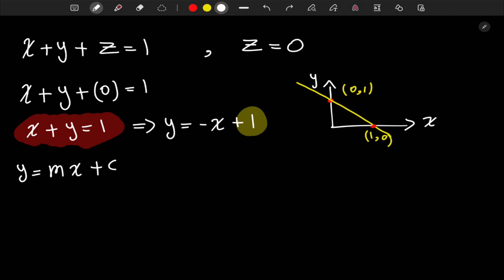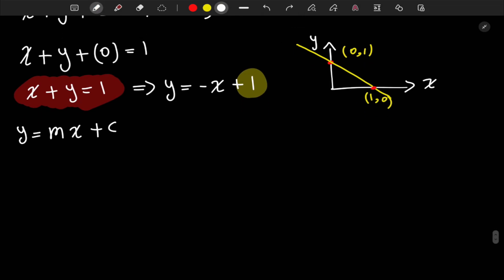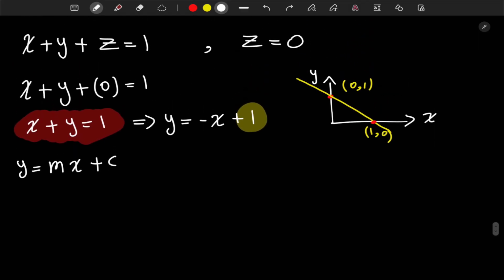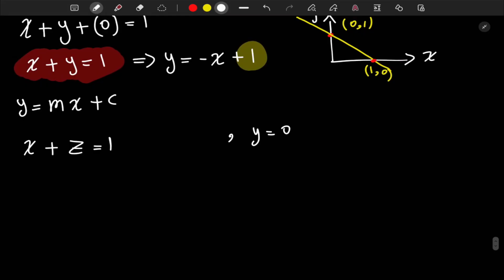Okay, so now let's move on to the xz plane, which is where y will be equal to 0. So x plus z is equal to 1. And the same as the function above, this will be z. Our line will be something like this.